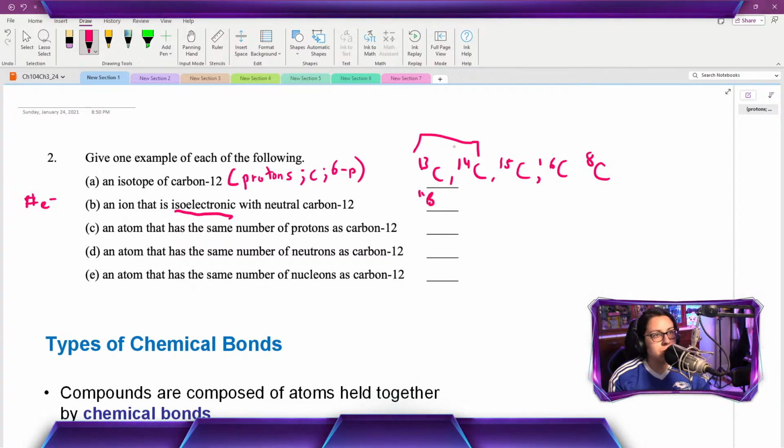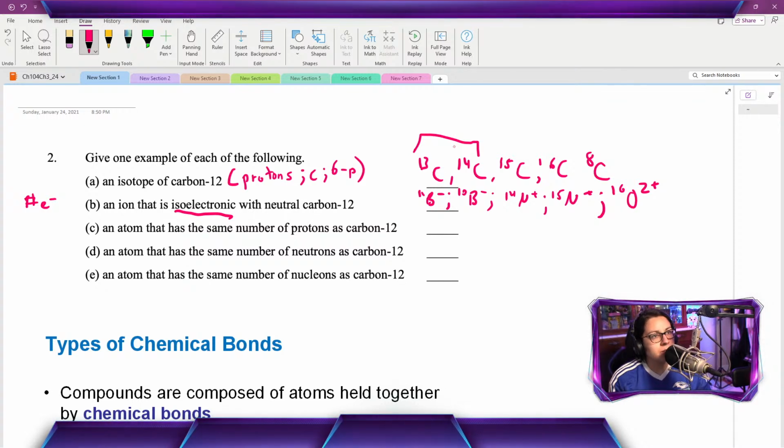So 11 boron negative, 10 boron negative, both of those are fine. 14 nitrogen positive, could be 15 nitrogen. Again, we're just looking at electrons, so it doesn't matter. We could go over to oxygen, so 16 oxygen would have to be 2 plus to be isoelectronic, and so forth.